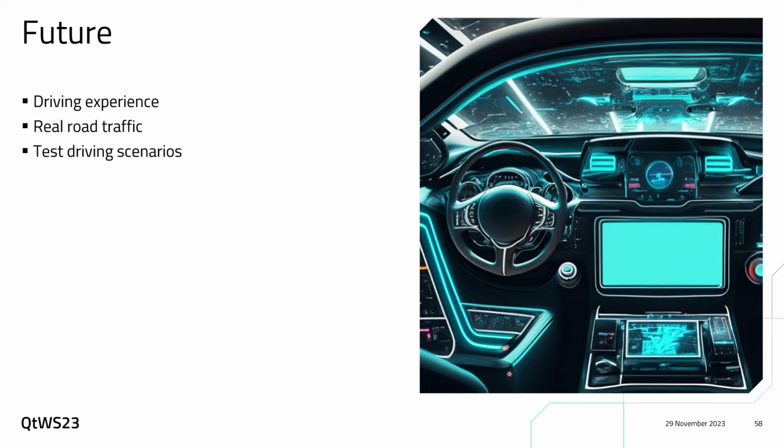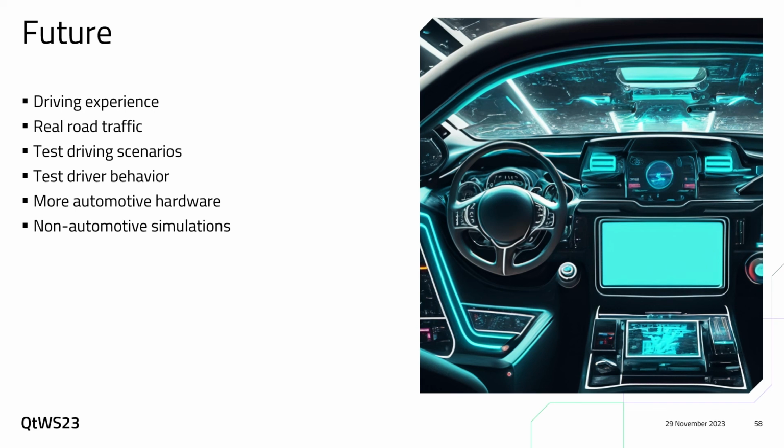For example, we can test autonomous driving experience. Next, we can collect biometric data from Varjo headsets like eye tracking or from other sensors and analyze driver behaviors in various situations. Of course, more automotive hardware is also possible. We can test next car components in the mixed reality setup. And we are from the automotive industry, so a car simulator is a natural playground for us.